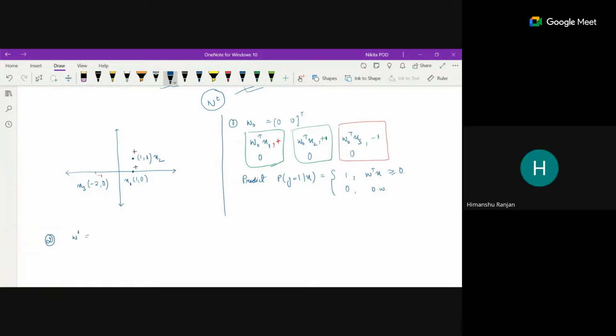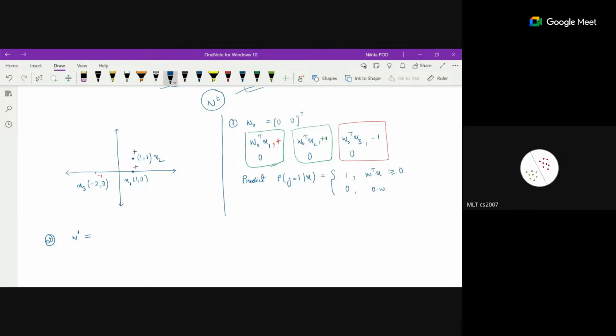Ma'am, for -1 we want 0, right? No, for -1 we don't want 0. The label for x3 is -1, but it has come out to be 0, right?